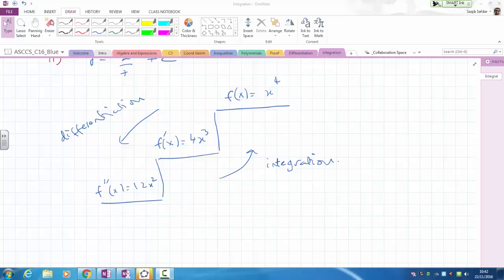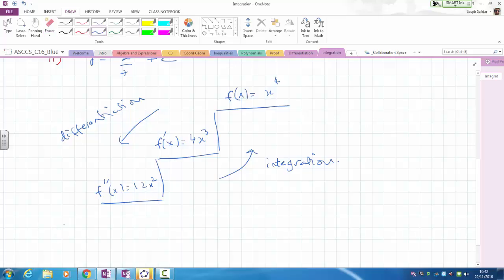Now, the way we can lay this out, let me follow this with one or two examples. Before we do that, let's just lay out the rules for integration.